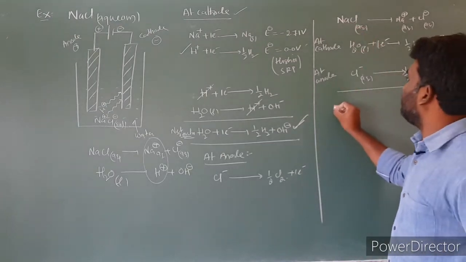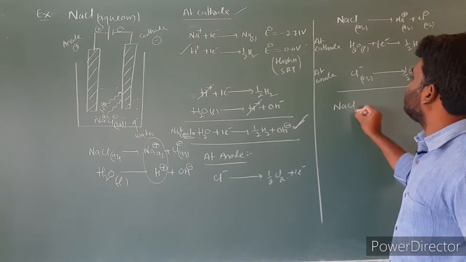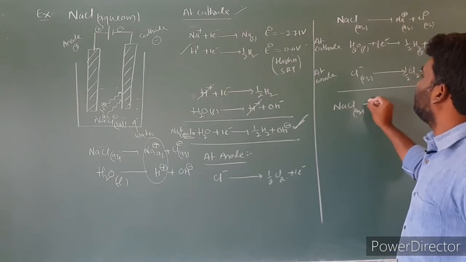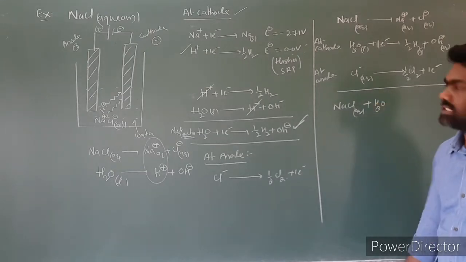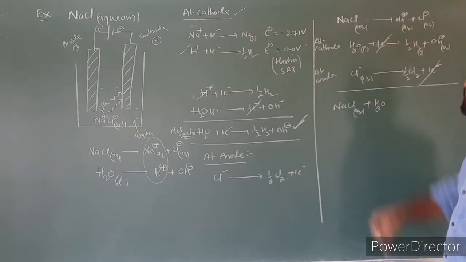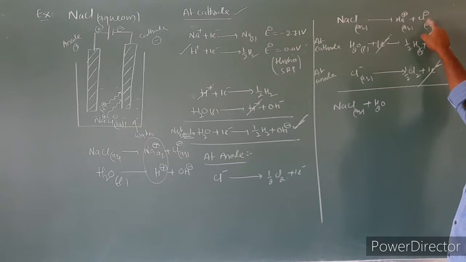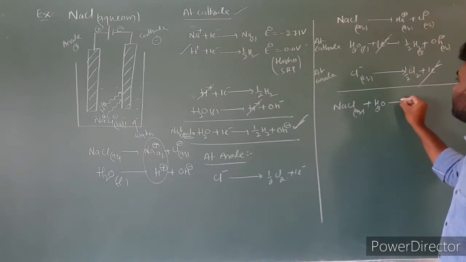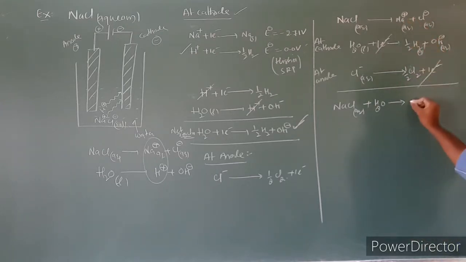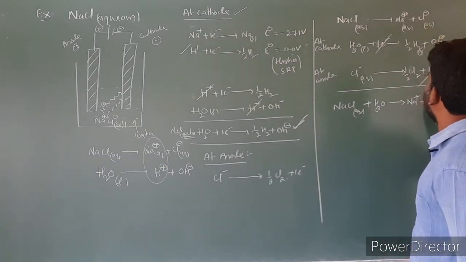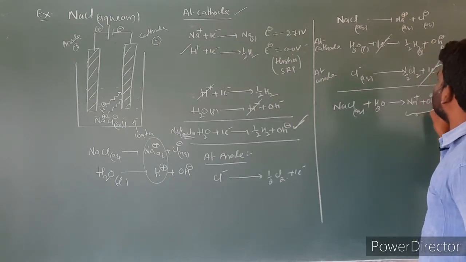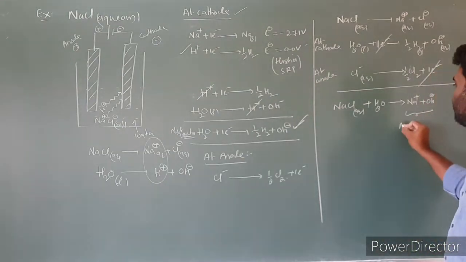What we are taking is NaCl in aqueous state plus H2O. So the electron will get cancelled, Cl minus cancelled. The remaining we have gives rise to Na plus and OH minus. Na plus OH minus is obtained in the form of NaOH.